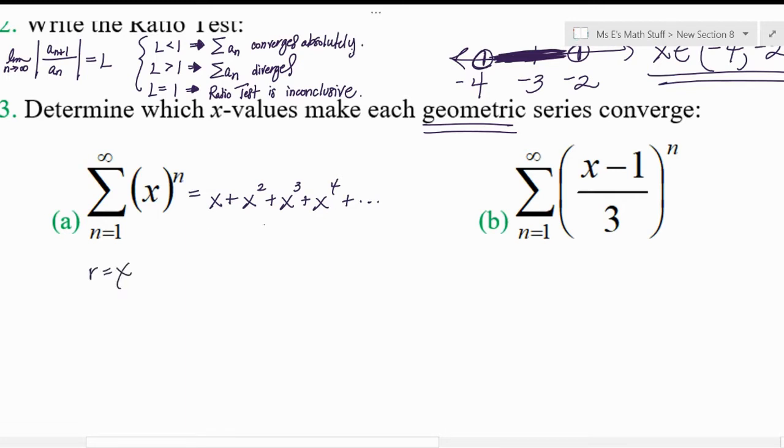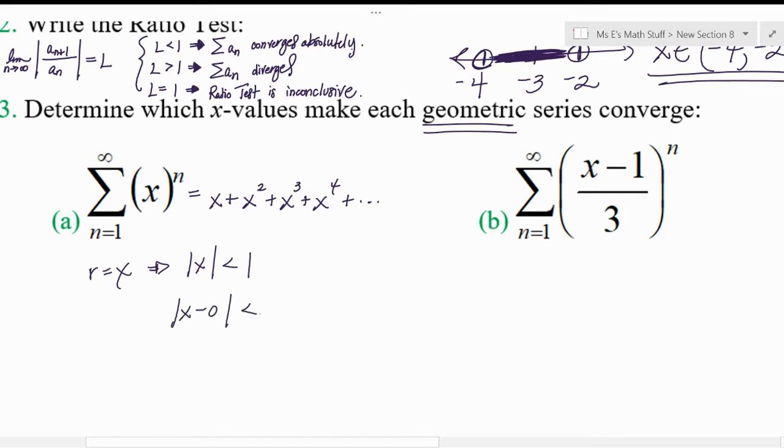And so remember, your common ratio had to be between negative 1 and 1 for your terms to go to zero fast enough for it to add up to something finite. So, because your common ratio is x, if the absolute value of x is less than 1, then this thing will converge. And notice, if you want, you could replace x with x minus 0.